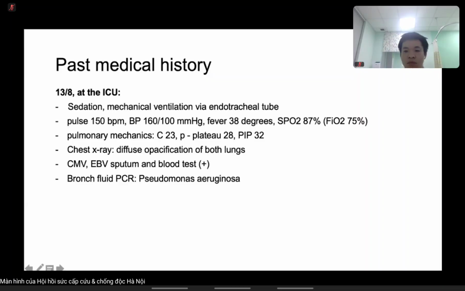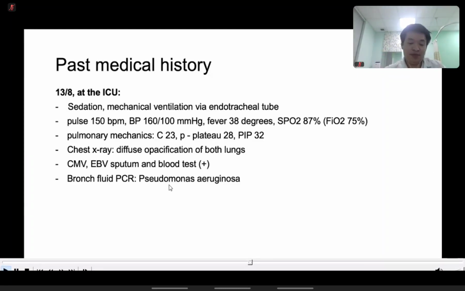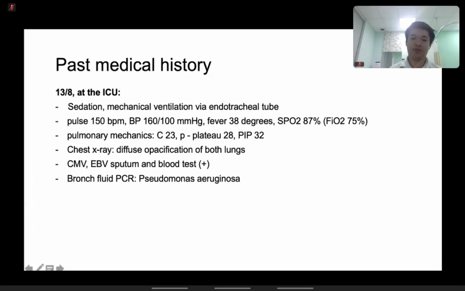On the 30th of August, in the ICU, the patient had sedation and mechanical ventilation via endotracheal tube, heart rate 150, blood pressure 160 over 100. The patient had a fever of 38 degrees.